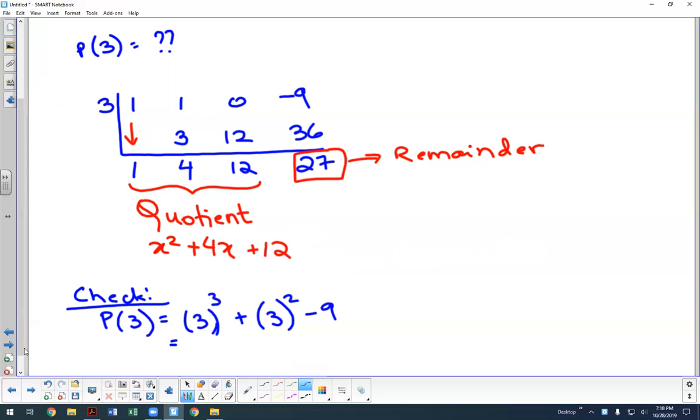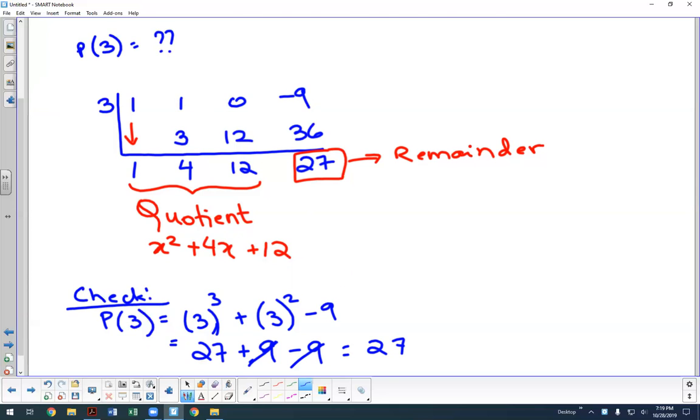So what is 3 to the third power? 27, 3 squared. So plus 9 minus 9, right? These guys will just cancel each other out, leaving us behind with that remainder. So just a quick way to check and make sure our math was correct.